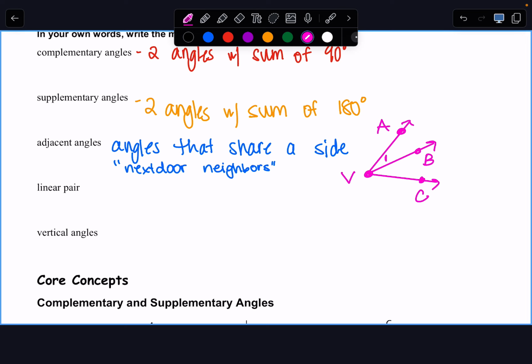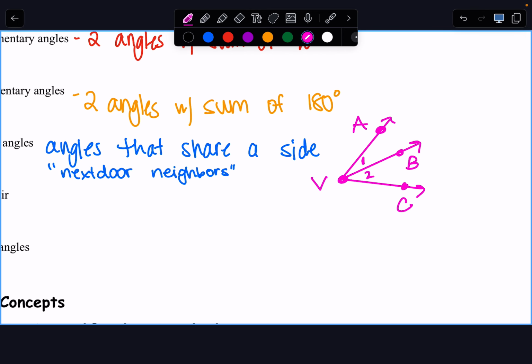Okay, I'm going to call this angle 1 and angle 2. So when you draw that picture, it's just going to be easier to name. Okay? We can say that angle 1 and angle 2 are adjacent because they share VB as a side. They're next door neighbors. They share a side. Just like me and Miss Jumps share a wall, we are adjacent. Angle 1 and angle 2 are adjacent.